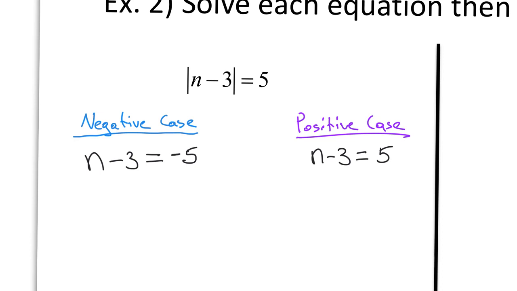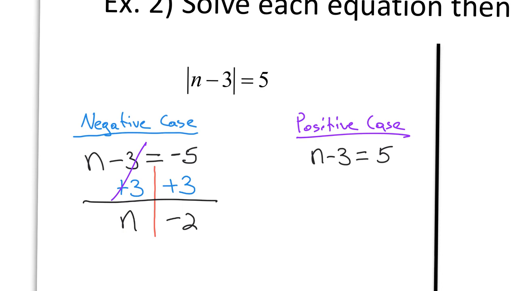So I'm going to draw the line under the equal sign. I'm going to do the opposite of the constant on the same side of the variable. So I'm going to add 3 to both sides. This cancels. So I have n on one side and -2 on the other side. So n equals -2 for the negative case. That is the value of the variable. For the positive case, I'm going to draw the line under the equal sign.